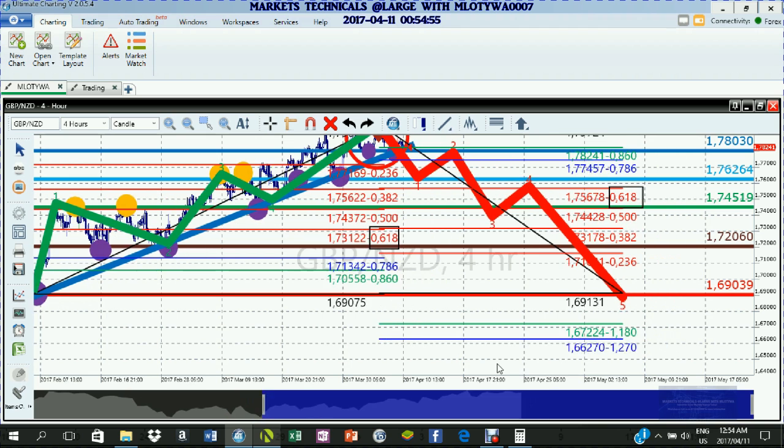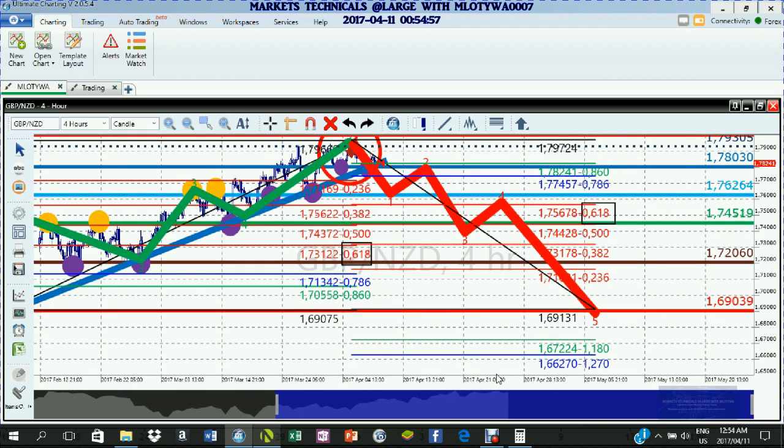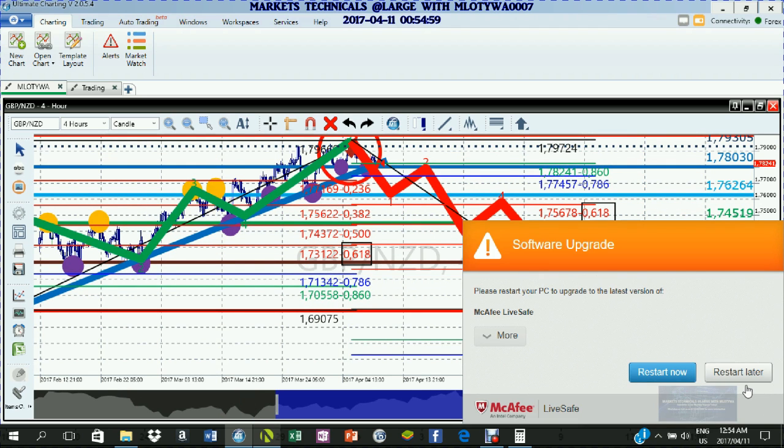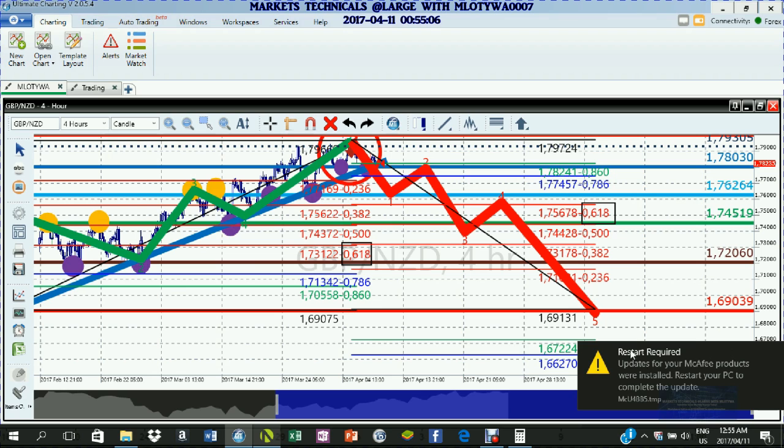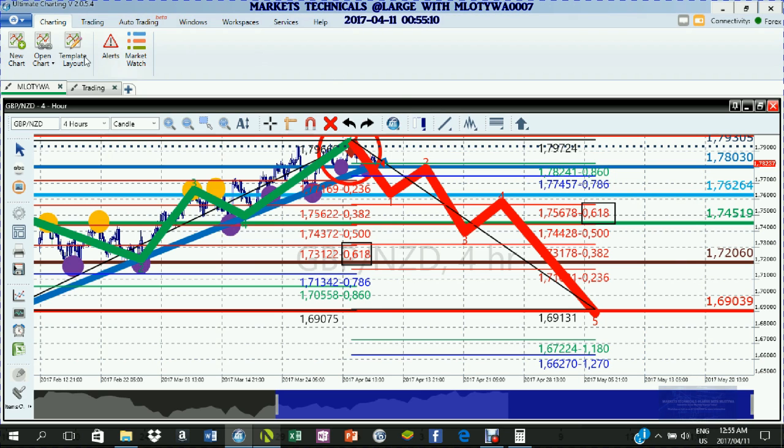So now, our take profit, guys, we need to minimize greed. You should not be greedy when it comes to this part of take profit. So let's put that there.